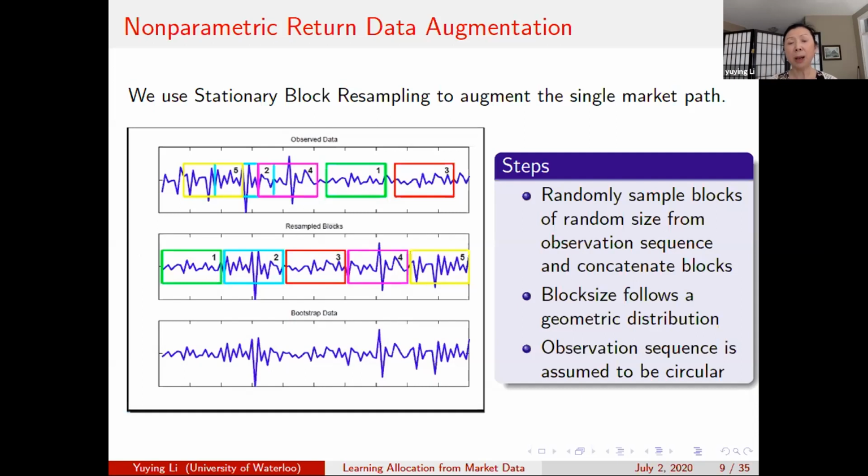So this is the block resampling technique that has been proposed and used in financial time series in other contexts. Okay, so this is how we're going to generate our data, using block resampling to come up with many more paths of market scenarios, right?